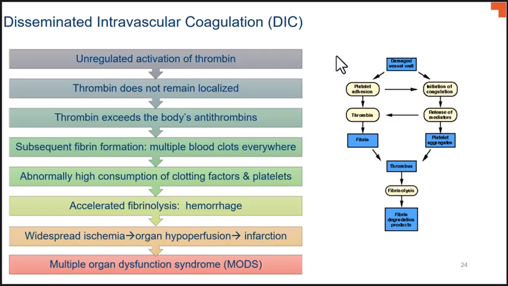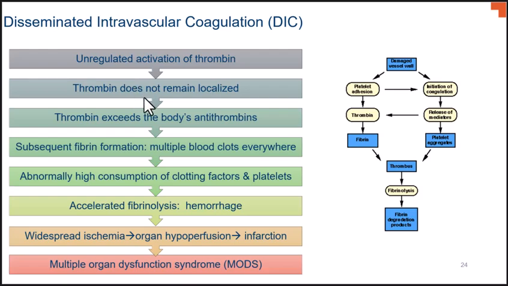A little bit more on disseminated intravascular coagulation. So some sort of stimulus, whatever the condition is, causes the DIC. What we're going to see is unregulated activation of thrombin. Thrombin is the factor that causes the formation of fibrin, which creates the mesh that forms the plug. This happens everywhere. In other words, the thrombin does not remain localized.